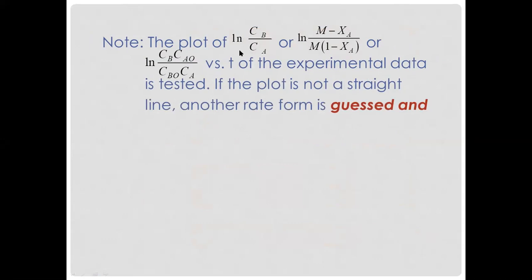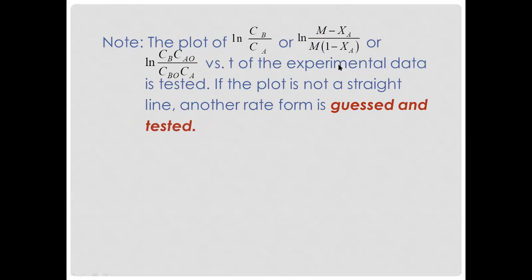So the plot of ln CB over CA, this being the y, or ln of (m minus xa) over m times the quantity (1 minus xa), being the y again, or the ln of CB CAO over CBO CA, being the y, will all be plotted against t of the experimental data. Then if the plot is not a straight line, another rate form is guessed and tested. So this is in the case of case 1.